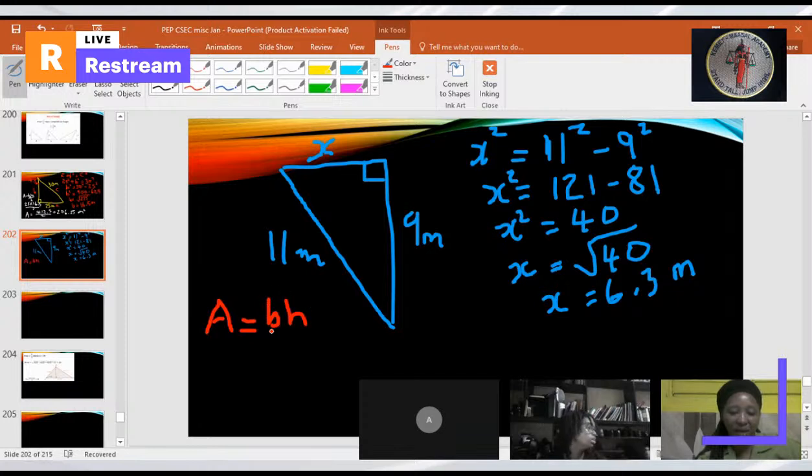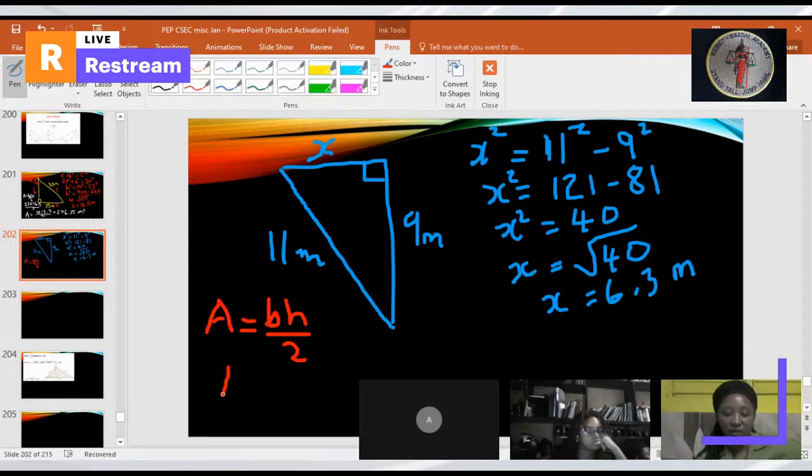So we just found the base of the triangle is 6.3. This triangle is turned upside down, but if you were to turn it the other way, the x would be sitting on the base. Or it could be sitting on the 9, in which case the x would be the height. It really doesn't matter because this is a multiplication property here.